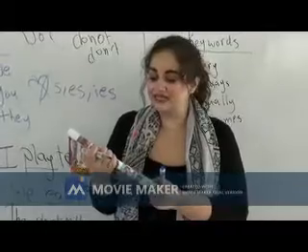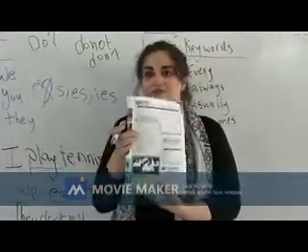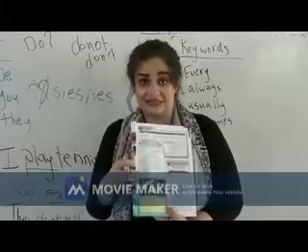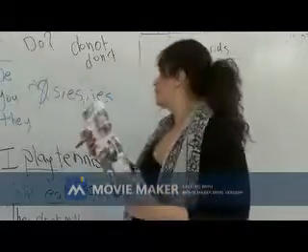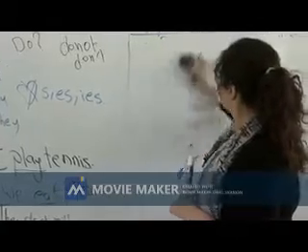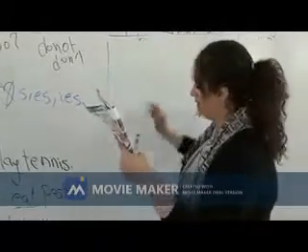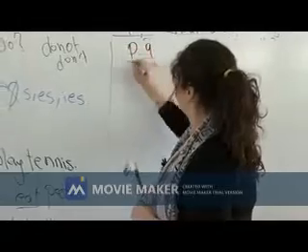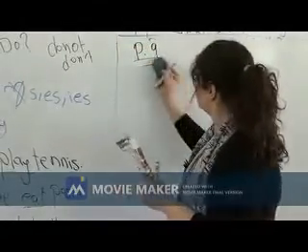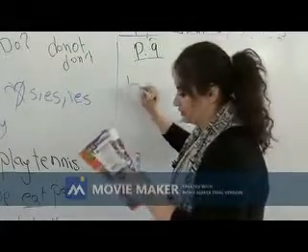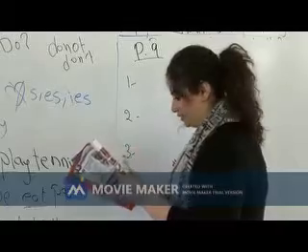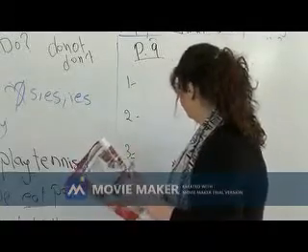Okay, how many sentences have I got? I have got 5 sentences. Can you see them? Okay, I will write them here in this part. I will write here page 9. This is number 1, 2, 3, 4, and 5.